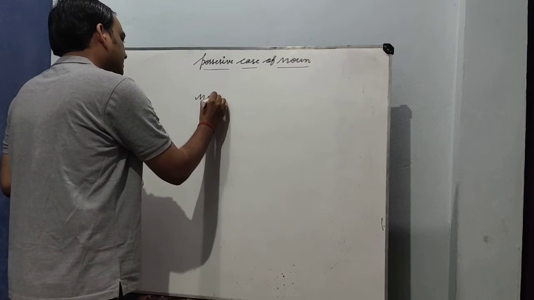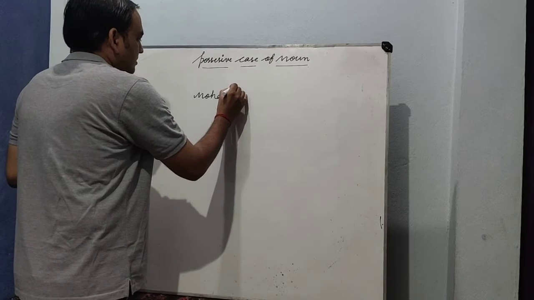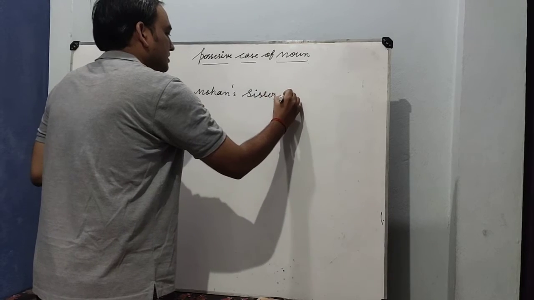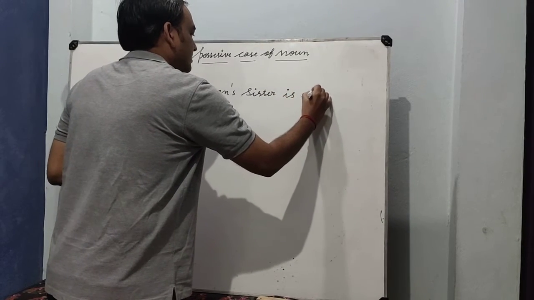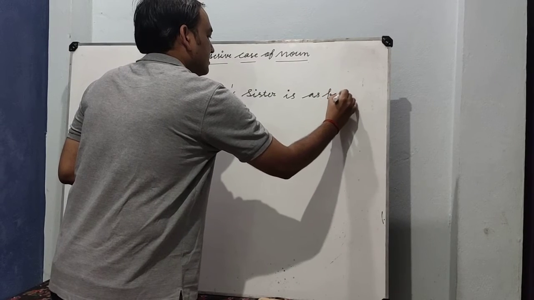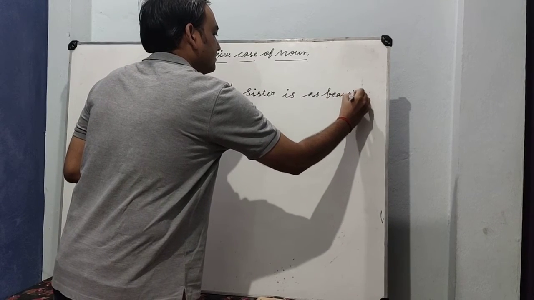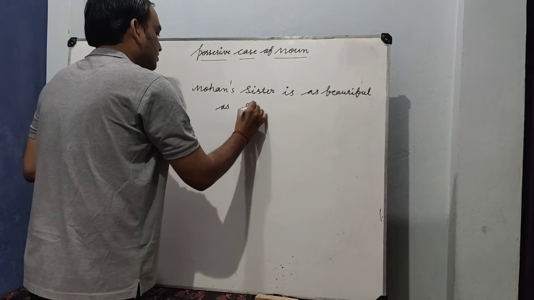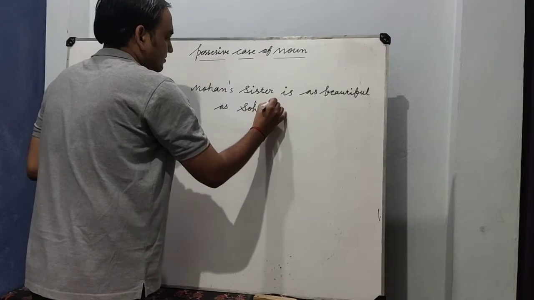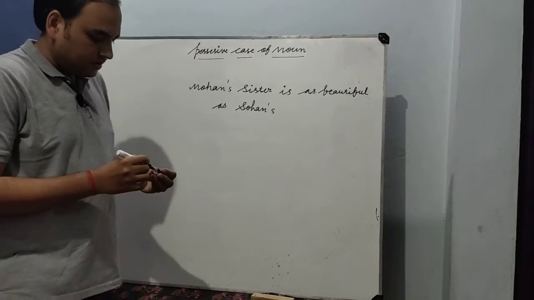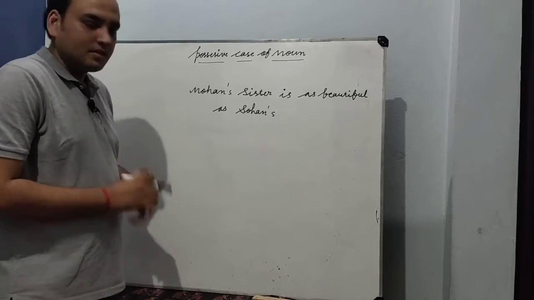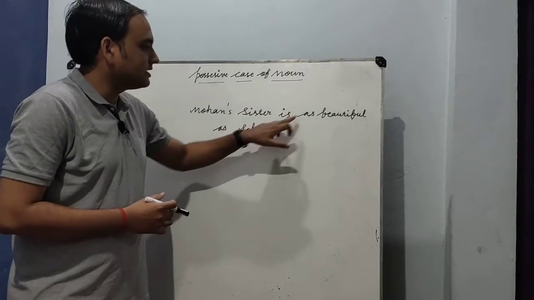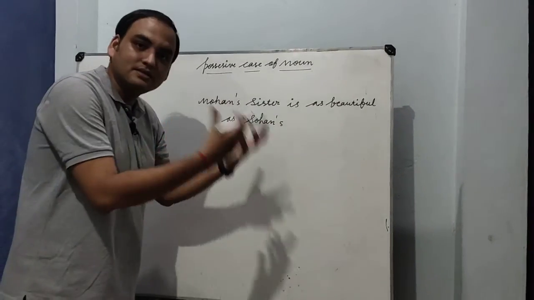Mohan's sister is as beautiful as Sohan's. Okay, what is the case here? I have written here Mohan's sister, means Mohan ki sister. Mohan's sister is as beautiful as Sohan's.